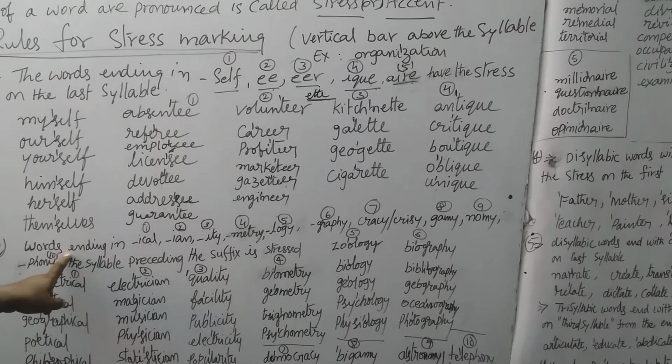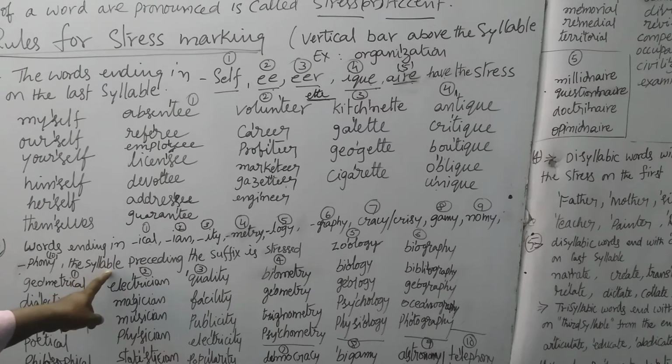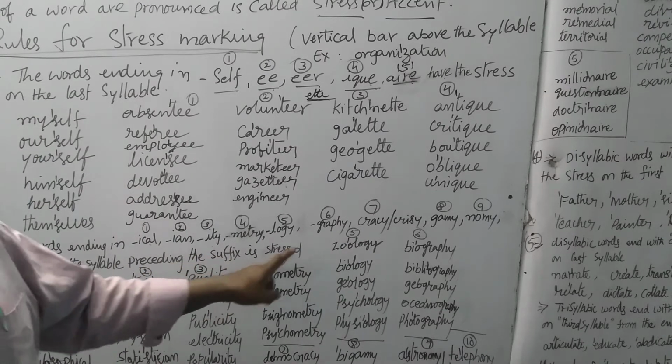See here, the first rule: for words ending in all these suffixes, the syllable preceding the suffix is stressed.